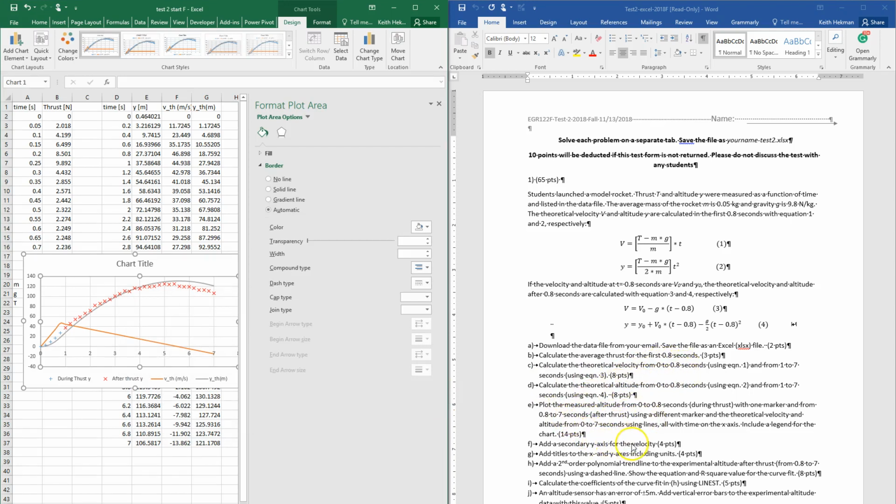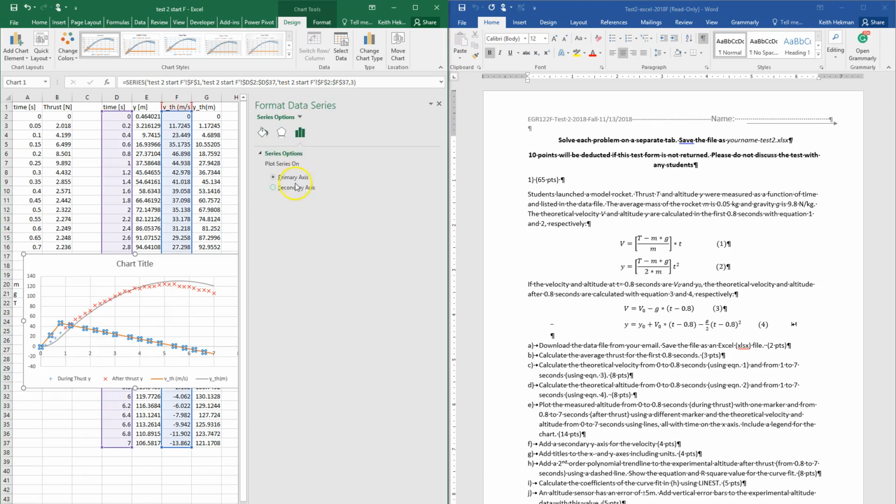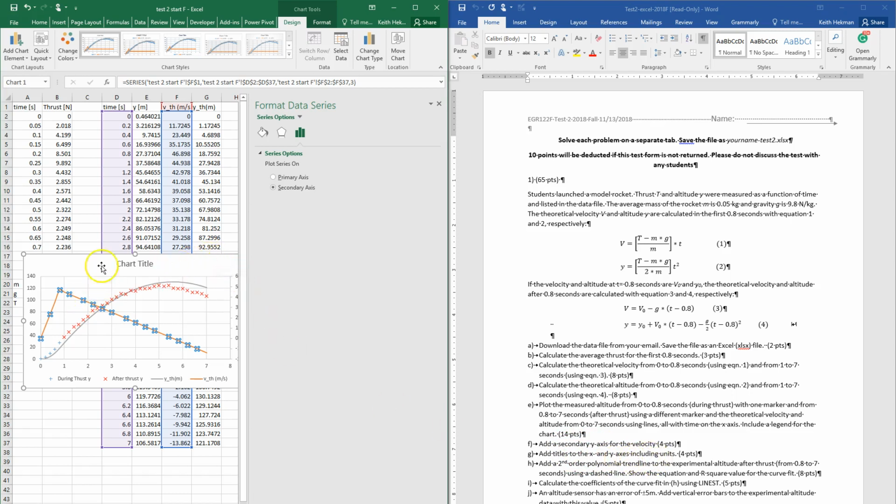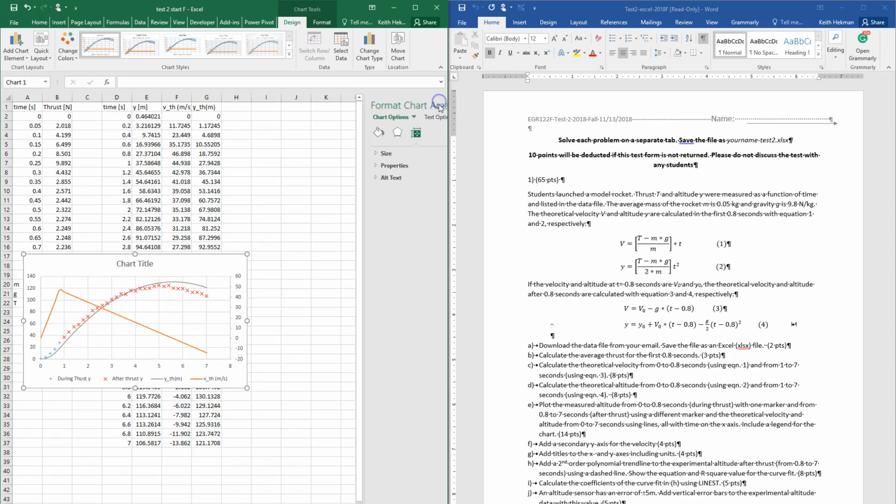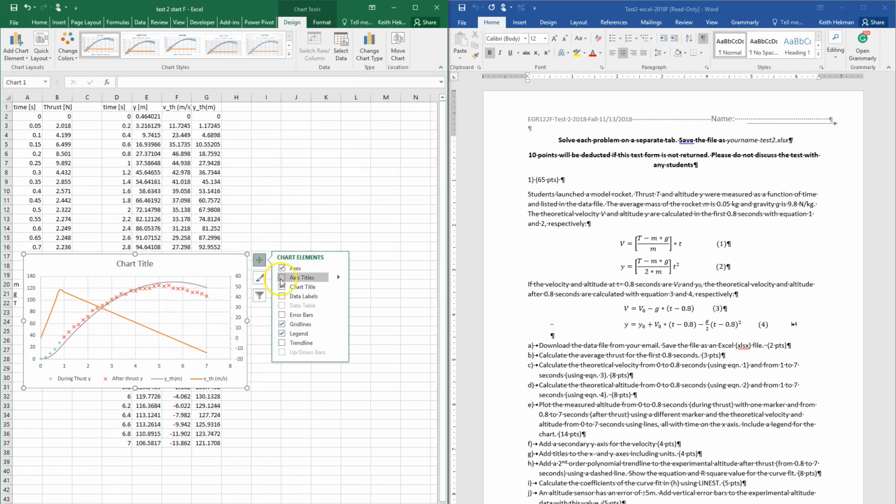And then we're going to add a secondary axis for the velocity. So our velocity, and we want that on our secondary axis. Add titles including units. So I'm going to add axis titles.